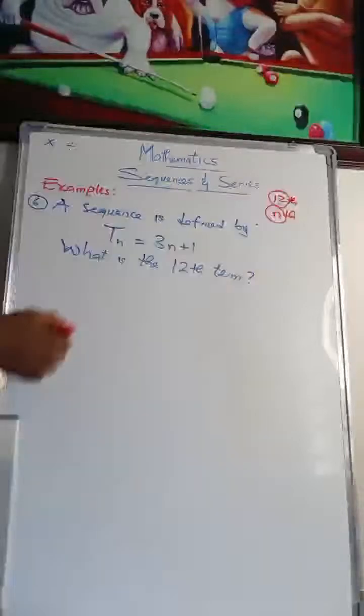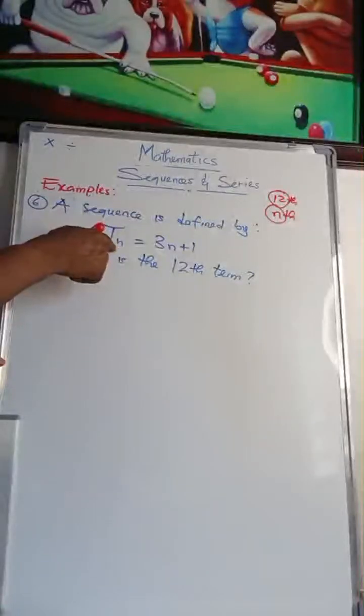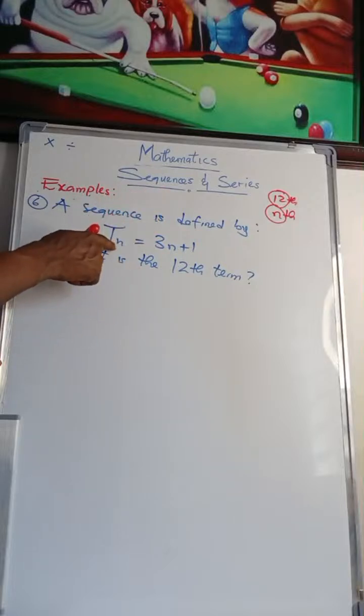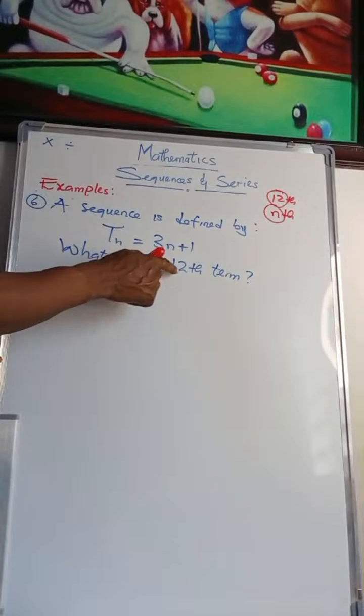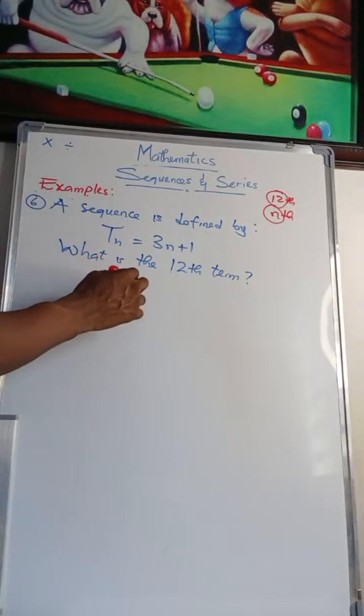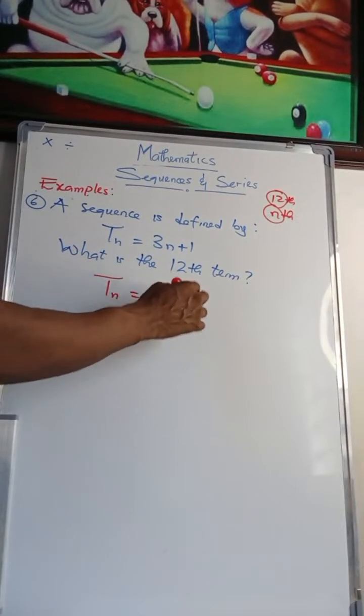So anywhere we see n, we are going to write 12, because n is represented by 12 here.